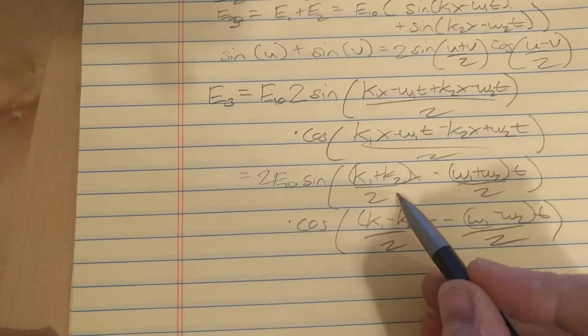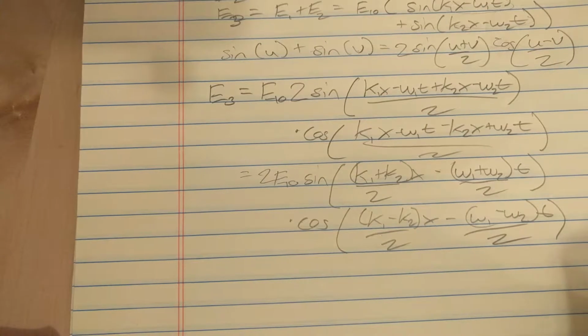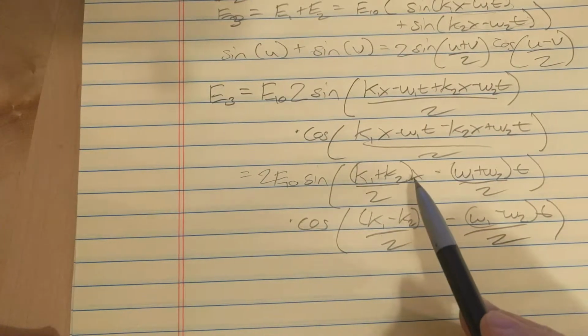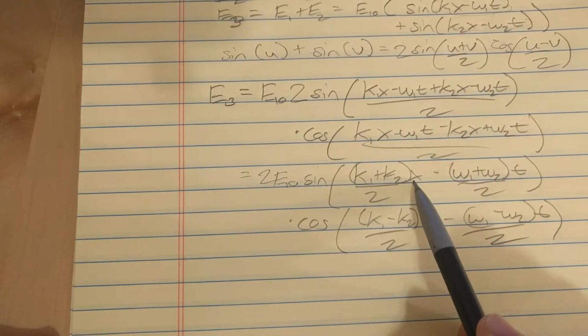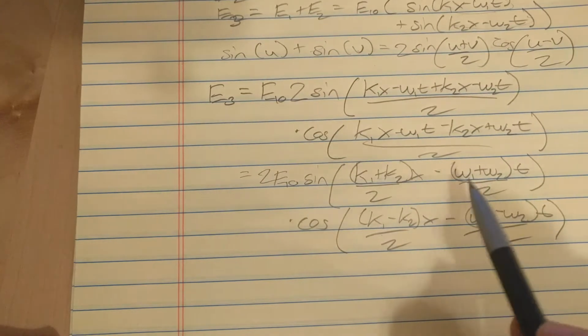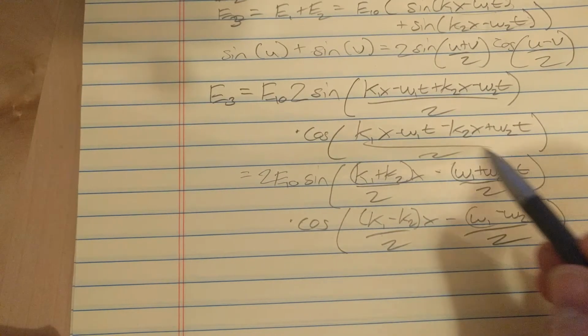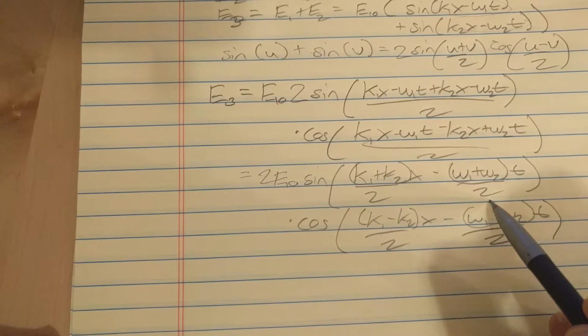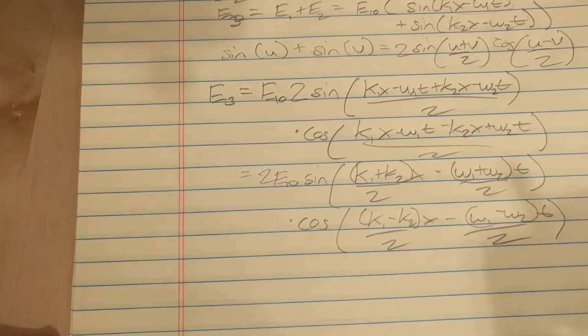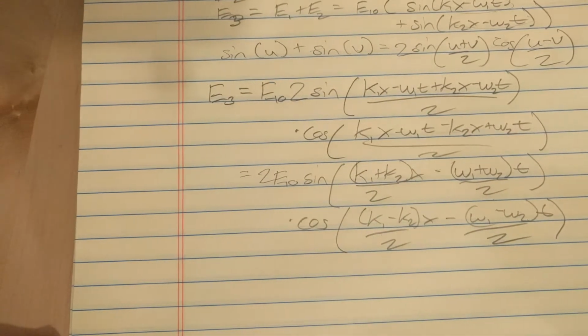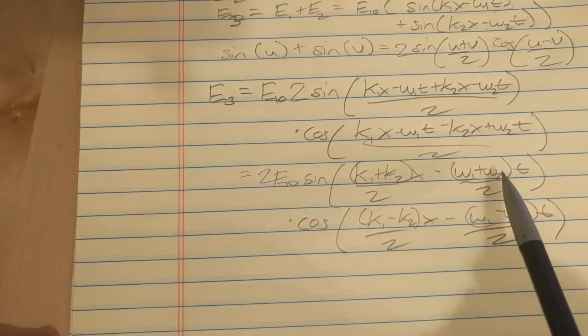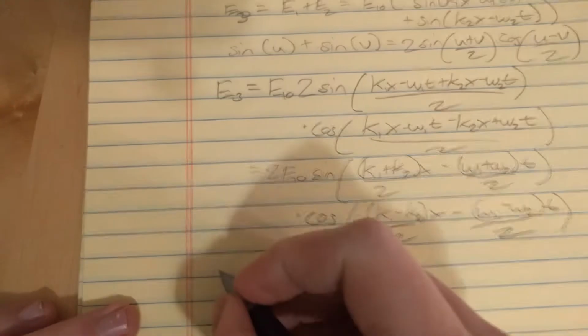Okay, now the velocity of the waves is given by the frequency, so the thing in front of the t, divided by the wave number, the thing in front of the x. So we see that we have two different velocities here.